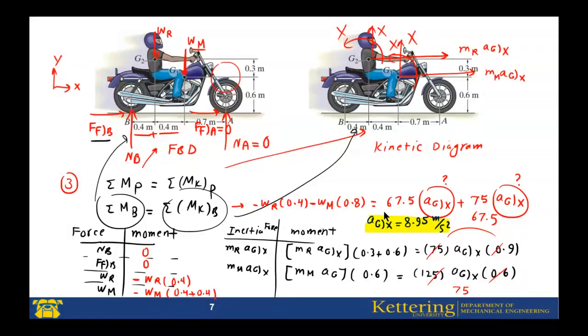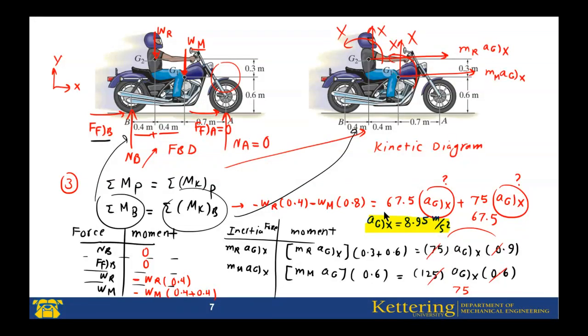No, if there's a deceleration, these inertial forces will be in the opposite direction. If you find this one negative and all of your calculations are correct, with no miscalculation, it means there's a deceleration, and the inertial forces are in the opposite direction.